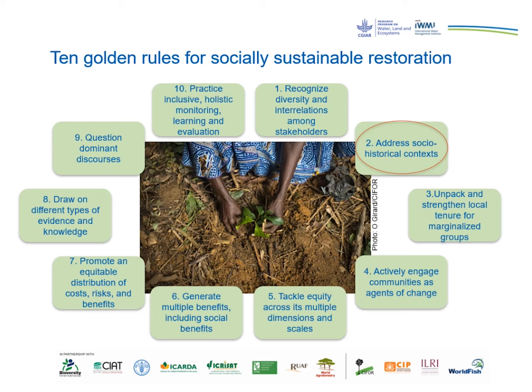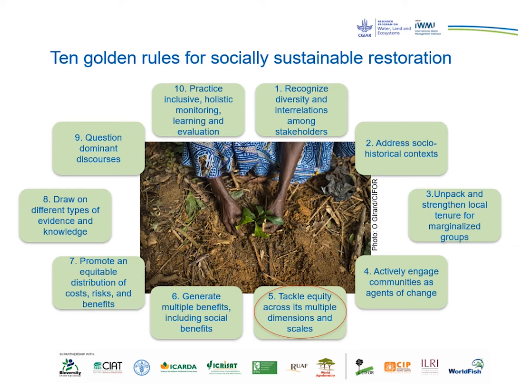I'll give more detail on 5, but I just want to mention the 2 in between: unpacking and strengthening local tenure for marginalized groups, and actively engaging communities as agents of change. So number 5 is about tackling equality across its multiple dimensions and scales. And this is really about thinking about which groups.